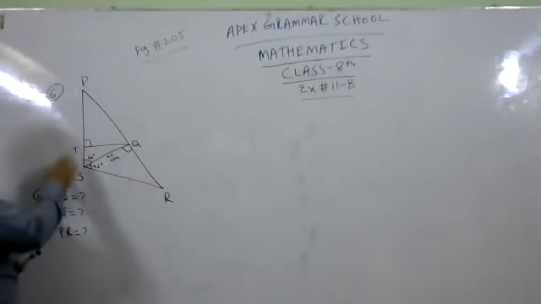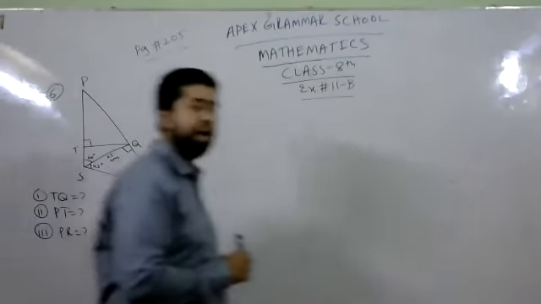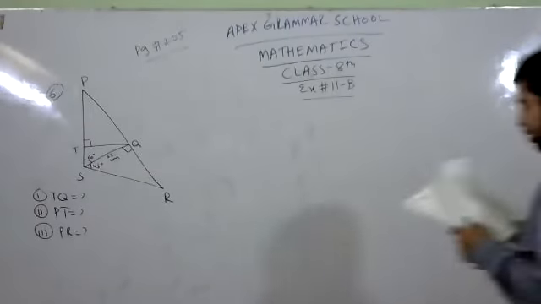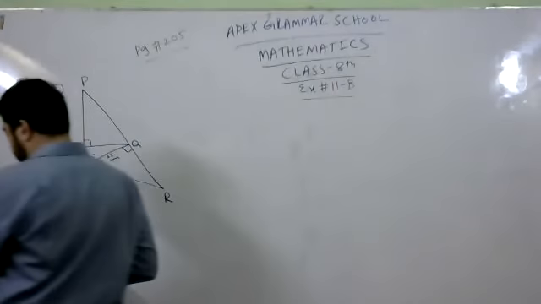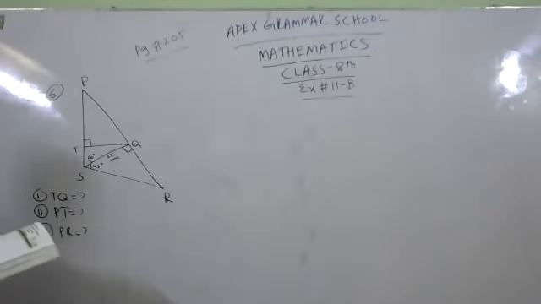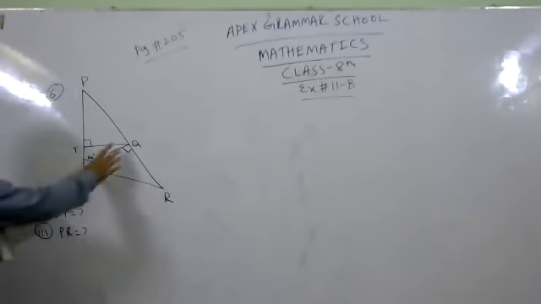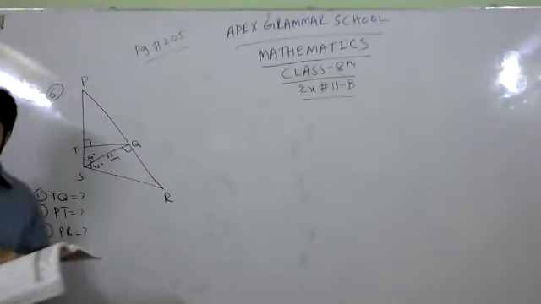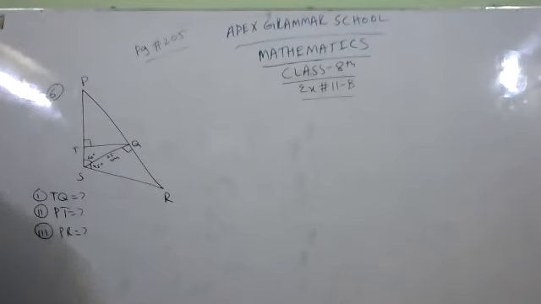We are not given any side number, even in the question. QS is 25 centimeter. This QS is of 25 centimeter. Other than that, you have only one side given.